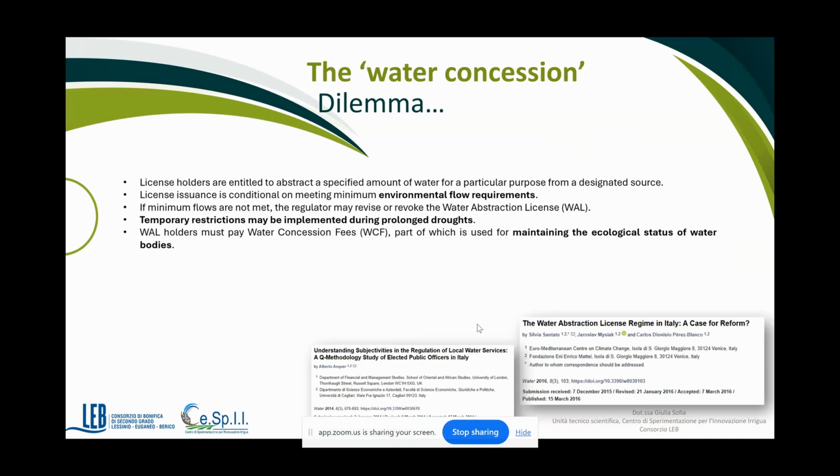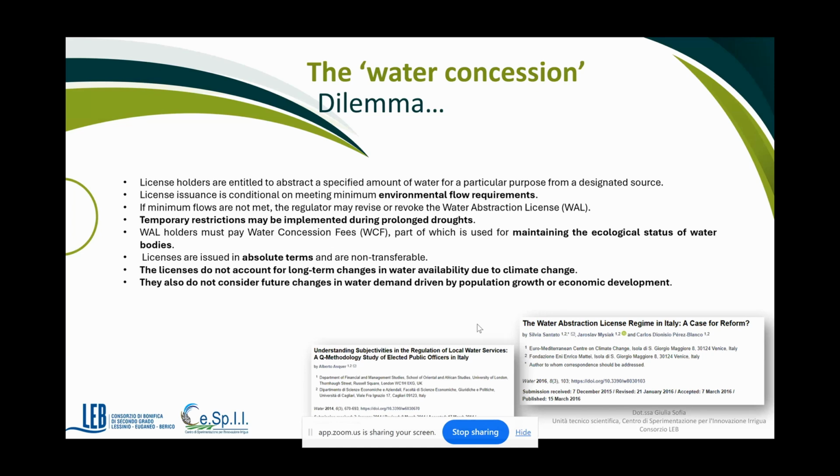We have to consider the ecological status of the water bodies. Most of all, these licenses and this way of using water do not consider climate change and water availability. The way licenses are built, they started 30 years ago, and they accounted for the needs of 30 years ago.